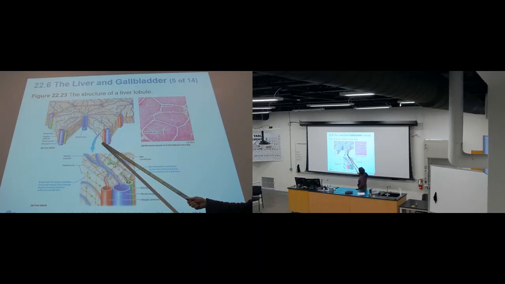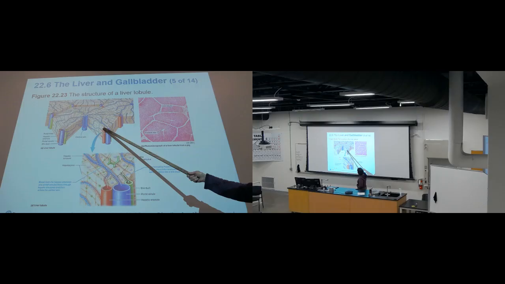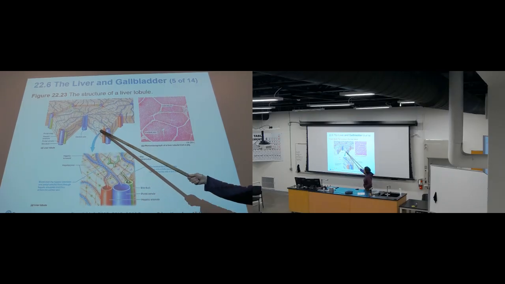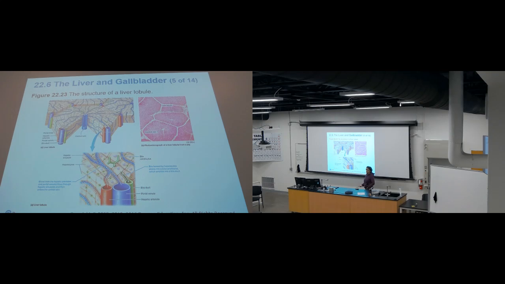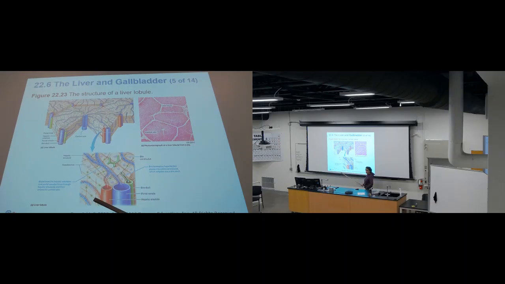And then these arterioles of the hepatic artery proper will also bring blood towards the central vein. And this blood, of course, is going to be oxygen-rich and nutrient-rich blood that is going to provide oxygen and nutrients to these hepatocytes.